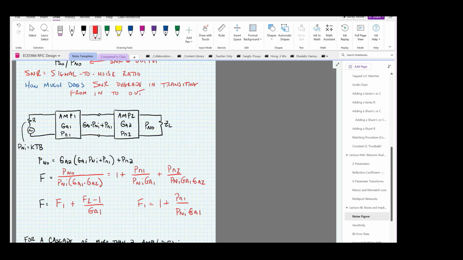So this is kind of an interesting result. It tells us that if we cascade multiple stages, though every stage contributes to the noise factor, the noise of succeeding stages after the first stage is suppressed by whatever gain comes before them.